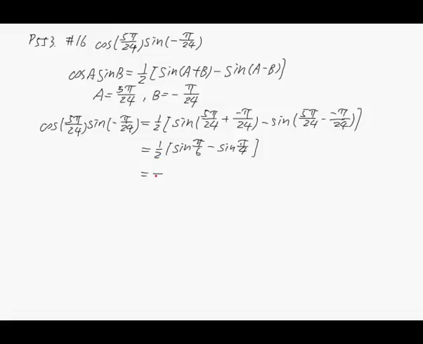The first one is 1/2, and the second one is root 2 over 2, and then continue to simplify, you have 1 minus root 2 over 4. From this step to this step, you just use the calculator to do this computation. Okay, any question?